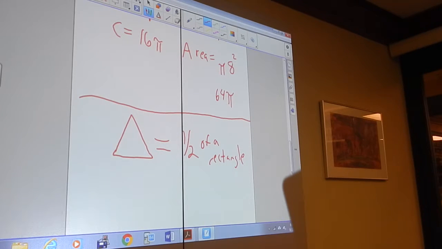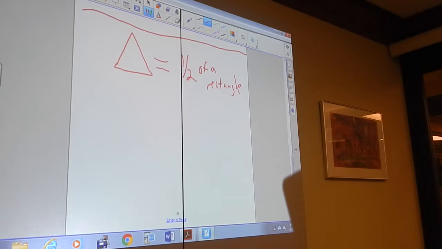Now, I like to use the word rectangle for the specific purpose of this, because what is the area of a rectangle? Base times height, or length times width, like we talked about earlier. So if a triangle is half of a rectangle, what's the area of a triangle?